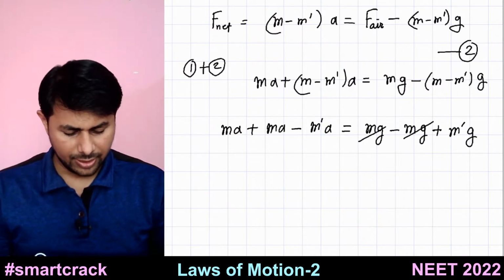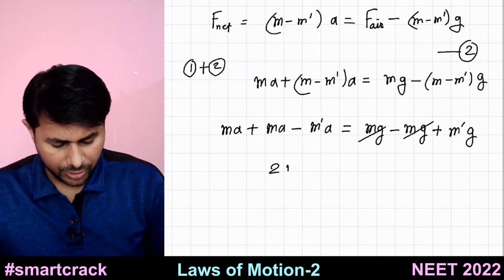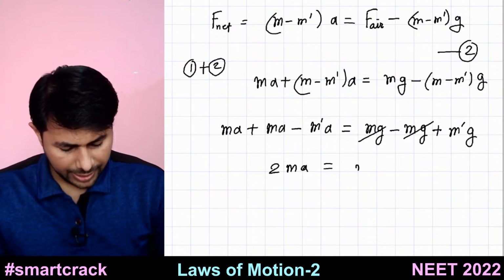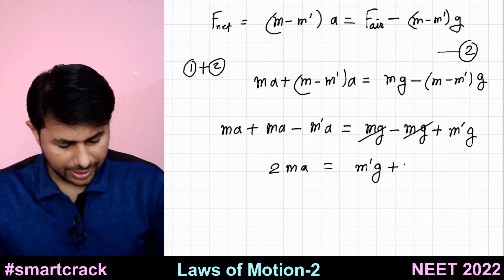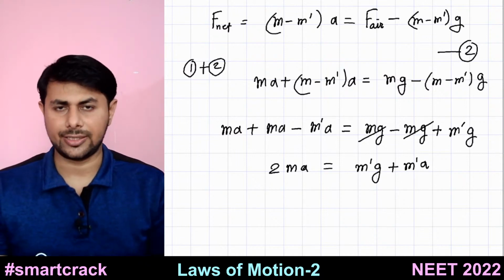Let's take this on the right-hand side, because this is positive here, so 2 times ma equals m prime into g plus m prime into a. I have taken this thing on the right-hand side.